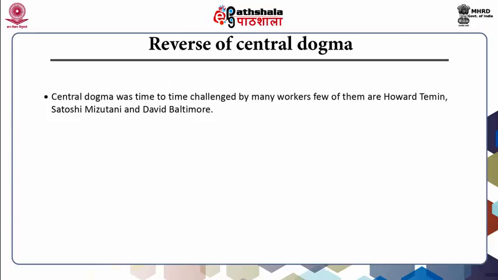There have been many challenges for central dogma, and many of the researchers contemporary to Crick actually opposed it and challenged it. Prominent among them were Howard Temin, Satoshi Mizutani and David Baltimore.